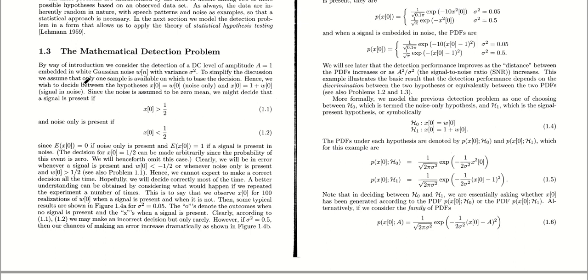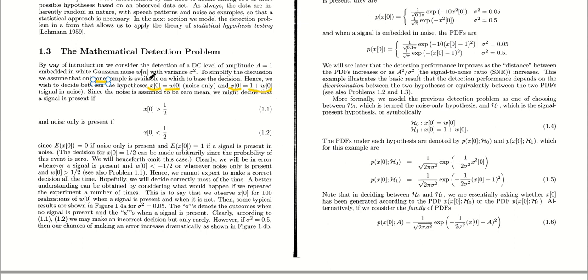To simplify the discussion, we assume that only one sample is available on which to base the decision. Hence, we wish to decide between the hypotheses x[0] = w[0], and x[0] = 1 + w[0].